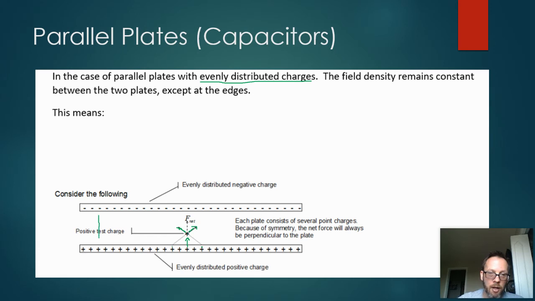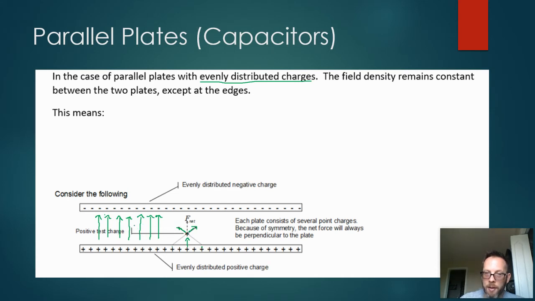The field lines are always going from the positive plate to the negative plate, because we know a positive test charge would go away from the positive towards the negative. But the field strength is uniform. Guys, remember that the more tightly clustered the field lines, the stronger the field.